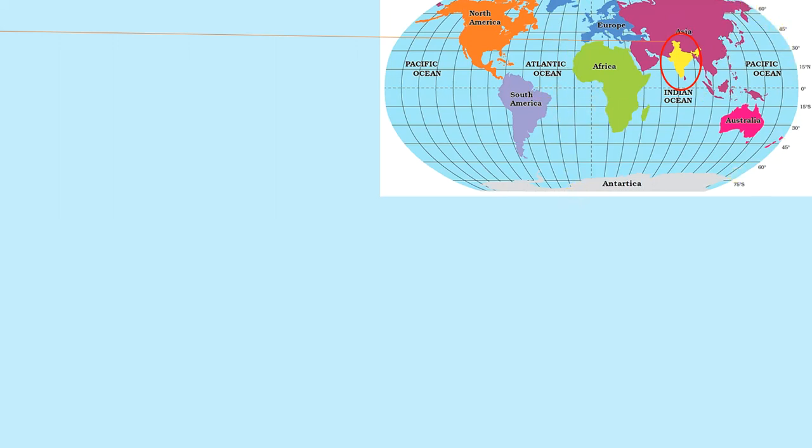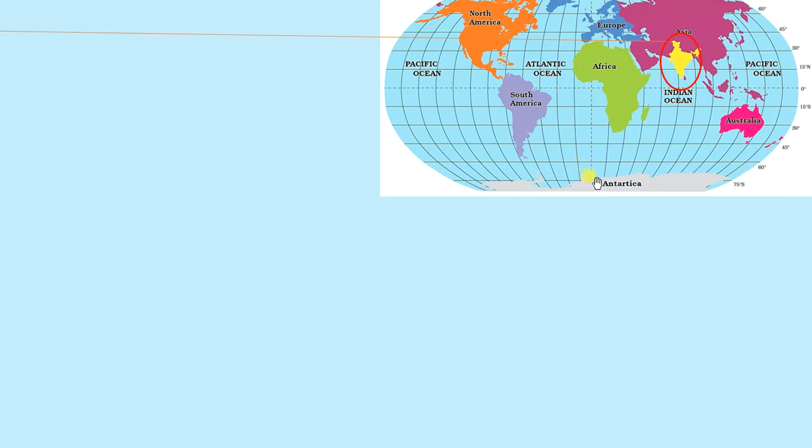So these vertical lines are termed as longitude, and the horizontal lines like this 0 degree, 15 degree, 30 degree, all these are latitudes. From 0 degree to 180 on the right side, these longitudes are referred to as eastern. 0 degree divides this globe into two halves, the eastern half and the western half. To the right of 0 degree is the eastern half, and to the left the western half. Our country lies in the eastern half.